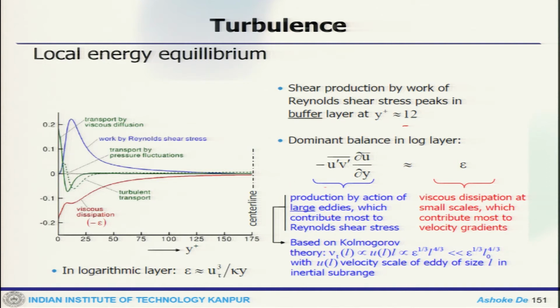This production term is based on Kolmogorov theory, where nu 2 is proportional to epsilon to the power 1/3. That means in the log layer there could be a balance: whatever energy is produced by the large eddies should be dissipated by the small eddies.